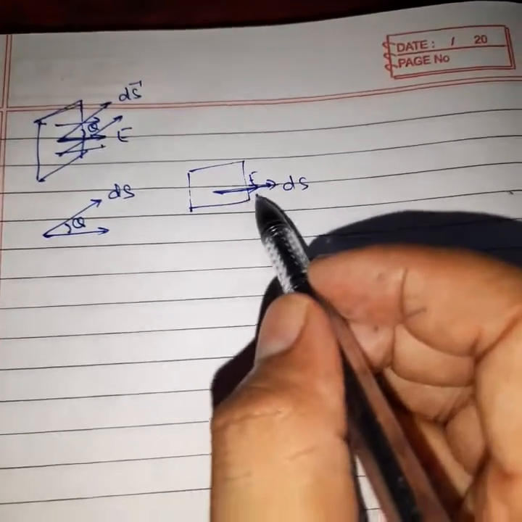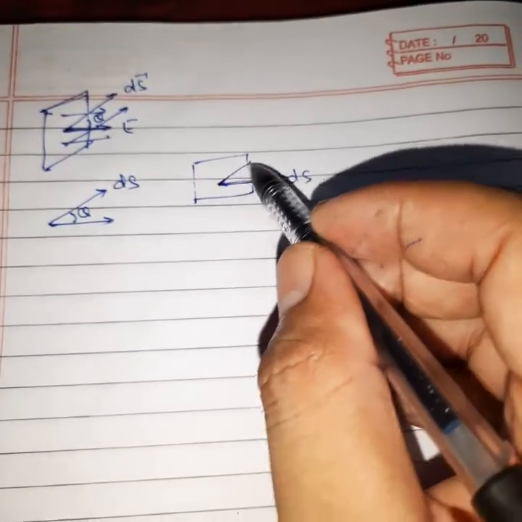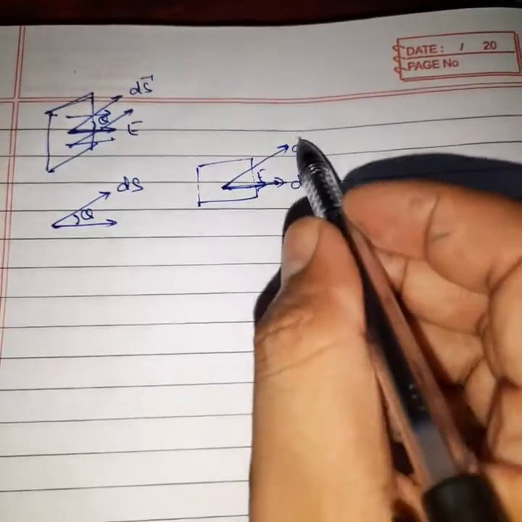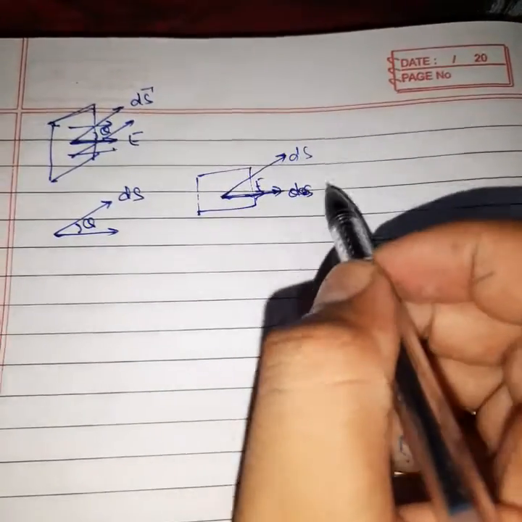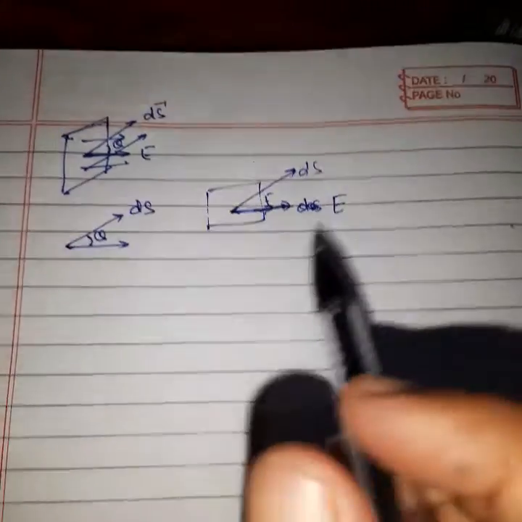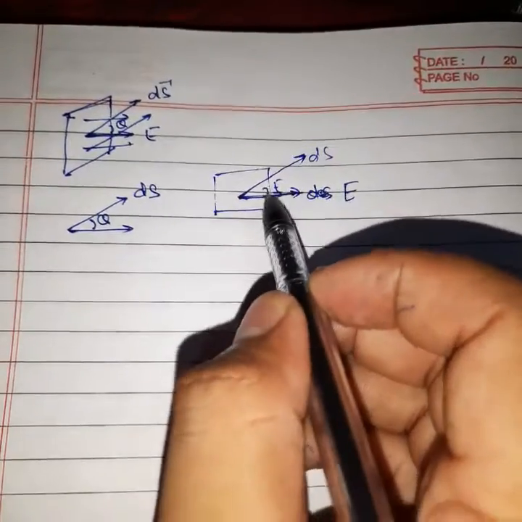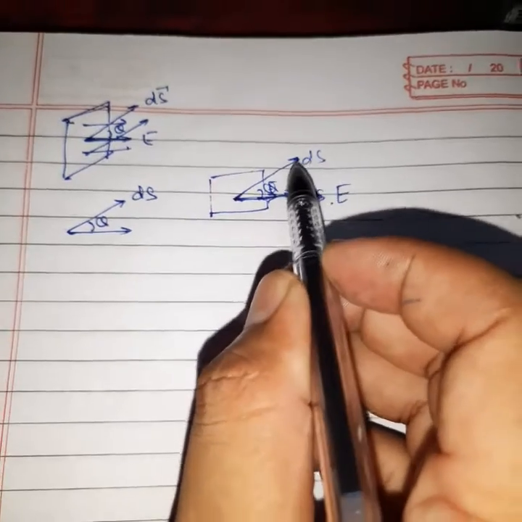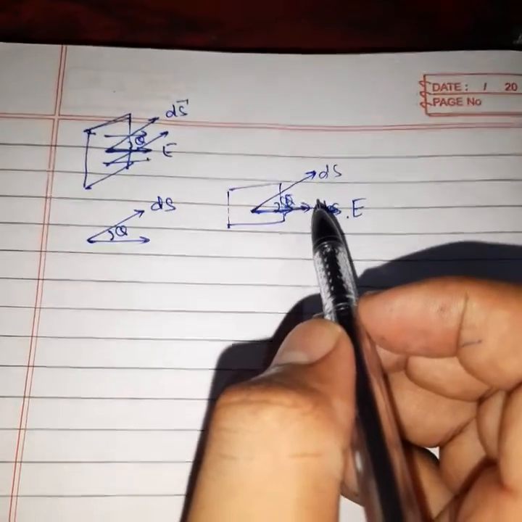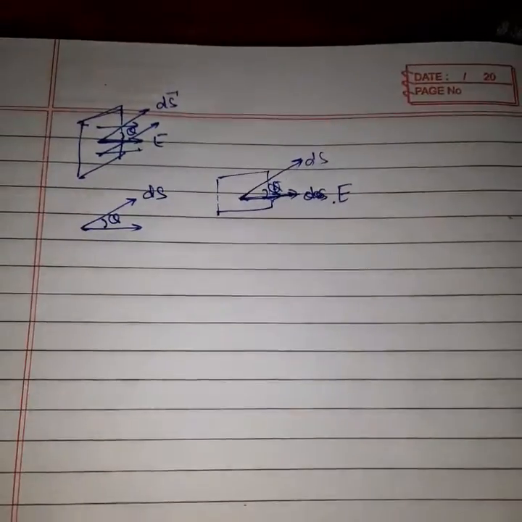But you can see after rotating this surface, the area vector shifts a little bit upside, so only the electric field remains. So compensation is there at angle theta, meaning this electric field should be in the same direction as the area vector. Then we will get the maximum value of electric field.